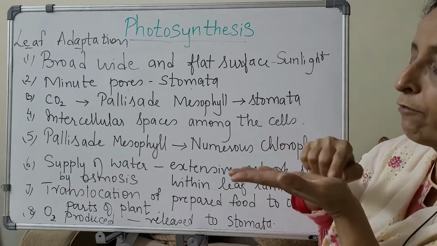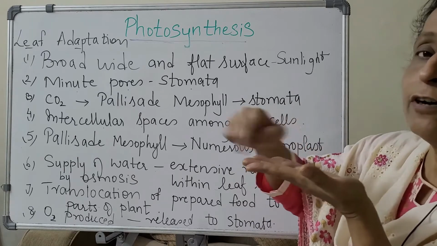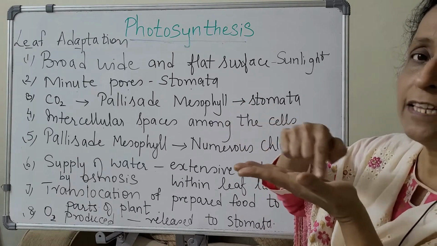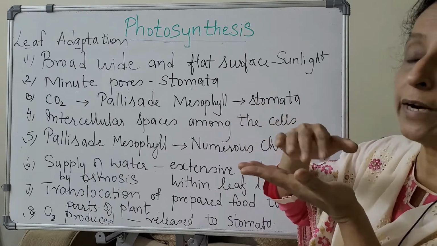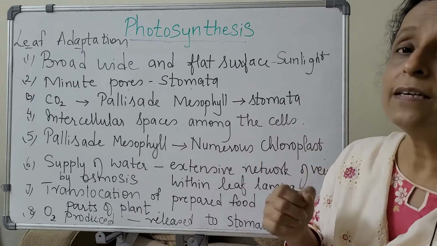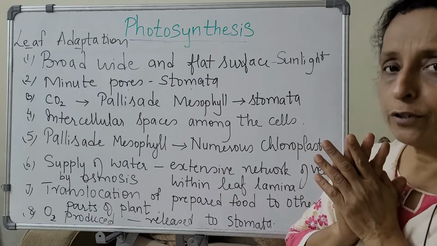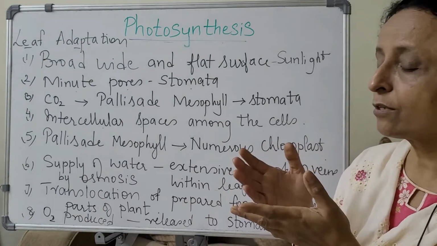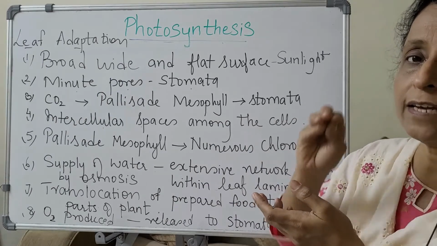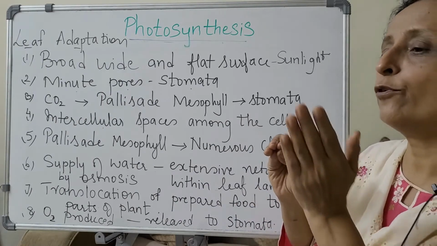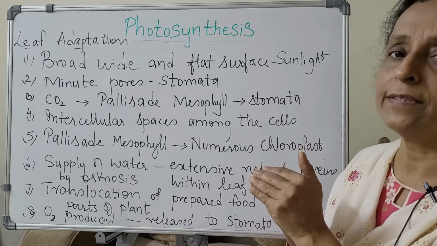There is an extensive network. If you take a leaf, you will see the network of veins in the leaf, so that allows water to spread in the leaves, and that is by the process of osmosis. Osmosis is a process where, if the concentration outside is less and more inside, the fluid from outside will come inside.